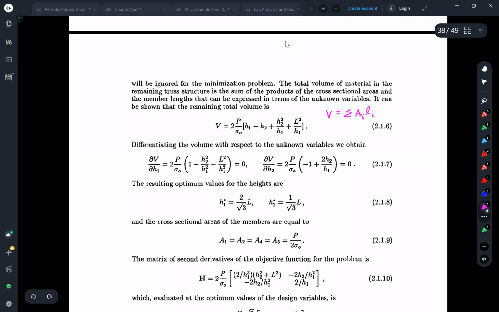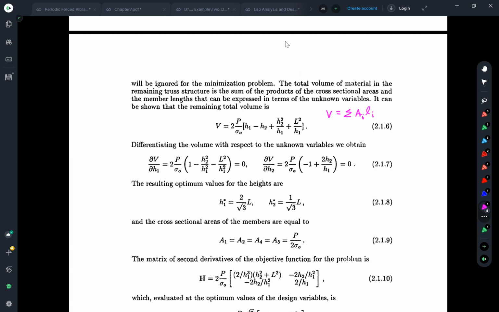The length of each member. You multiply the area with the length, you get the volume. And when I multiply this volume with the density, what I get is the weight. So minimizing the volume is exactly the same as minimizing the weight of the truss.